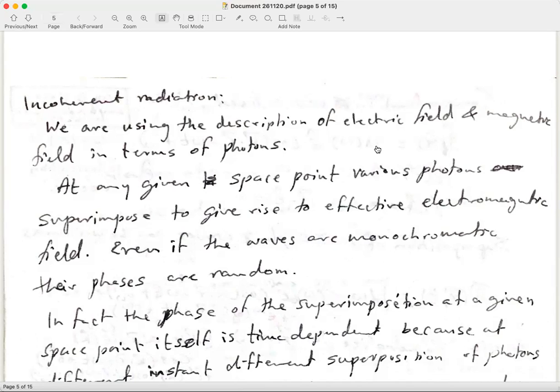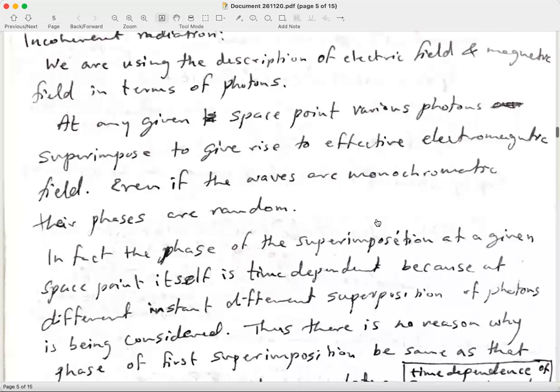An incoherent sum would be psi1 mod squared plus psi2 mod squared. The difference between the two is that there is no cross term, no overlap between the two wave functions. So what we are going to look at is incoherent radiation, in which the phases are random and therefore the cross terms would vanish.